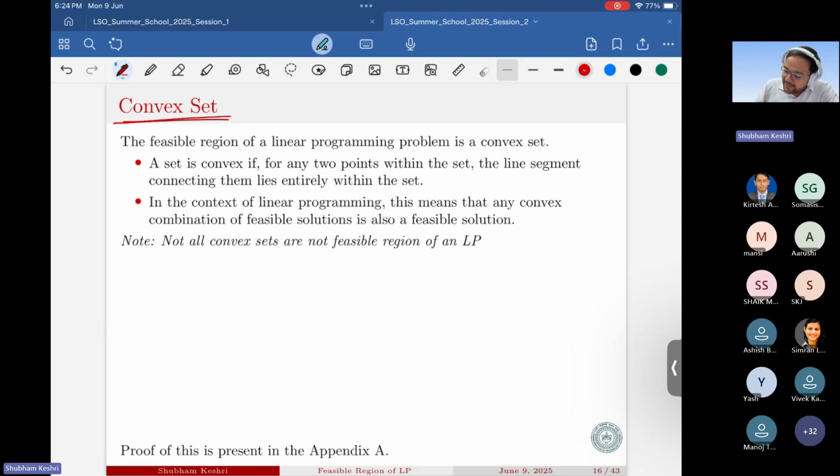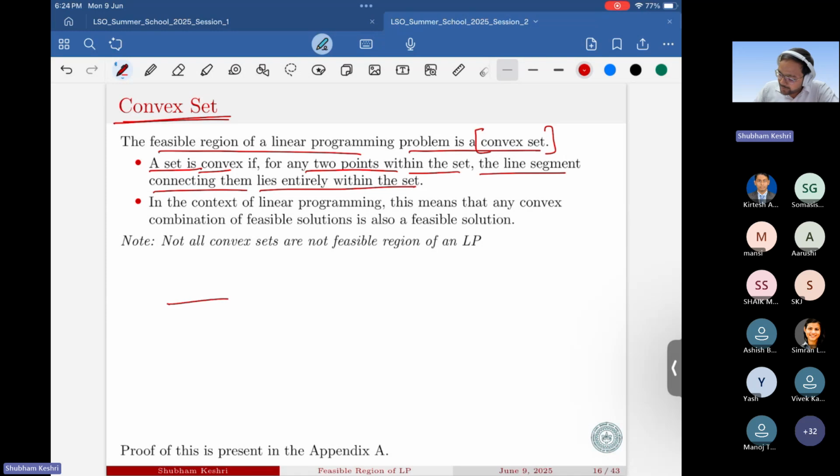It says that the feasible region of an LP is a convex set. We will first see what a convex set is, and we are stating that the feasible region of an LP is a convex set. So what is a convex set? A set is convex if for any 2 points within the set, the line segment connecting them lies entirely within the set.